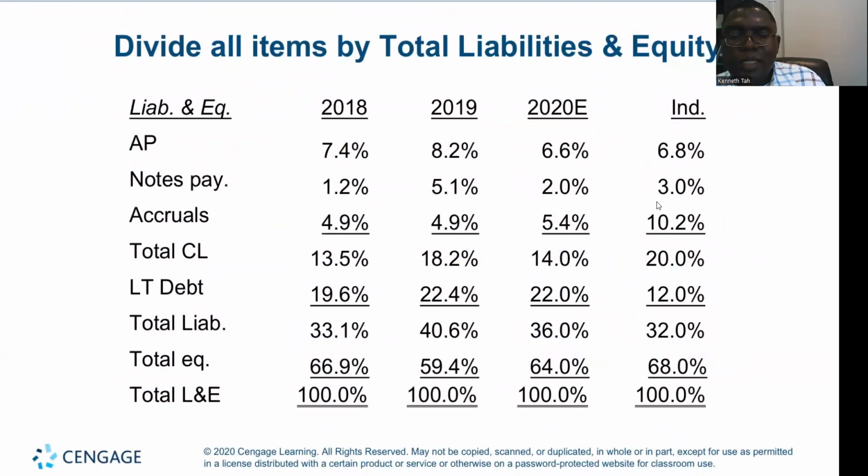Again, to calculate the common size on the asset side, we divide every item by total asset, and then we multiply it by 100. On the liability side, we divide every item by liability and equity, and then we times it by 100. That's why if we take the total liability and equity that was given divided by total liability and equity, that will be 1 times 100, that will be 100%.